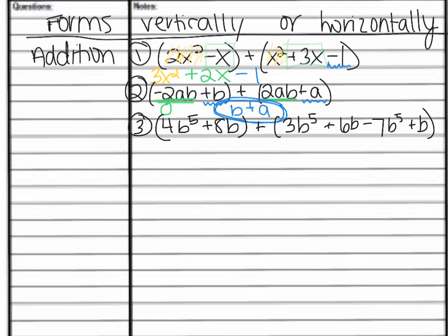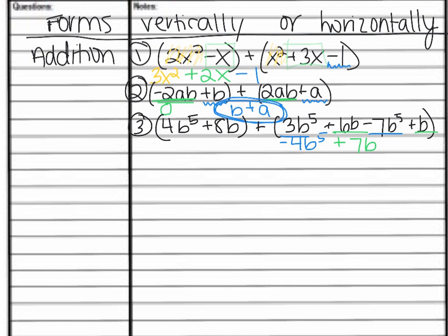So, one thing I notice is that I have like terms within my second polynomial. So first I'm going to combine those. So 3b to the 5th plus minus 7b to the 5th will give me negative 4b to the 5th. And then I'll have 6b plus 1b is 7b.